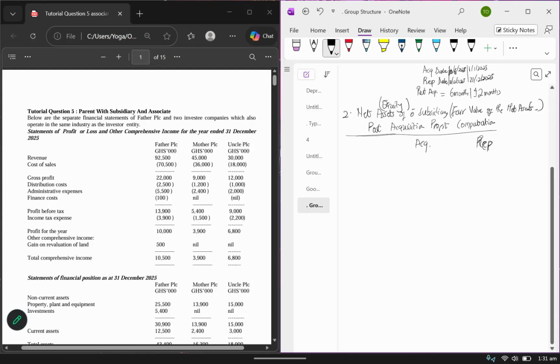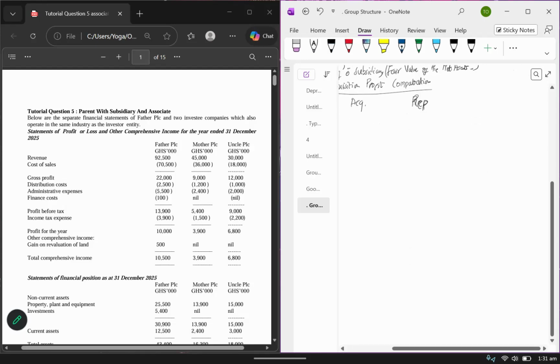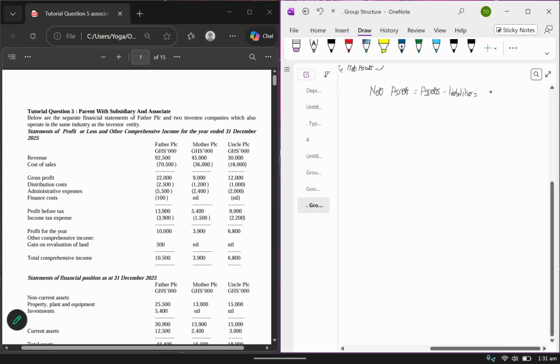We are using net assets because we know that from the accounting equation, net assets is equivalent to what? Assets minus liabilities. And this should also give us what?